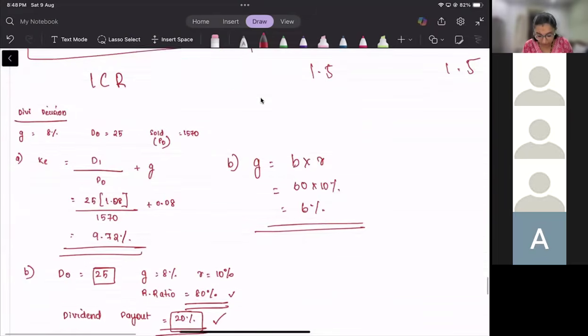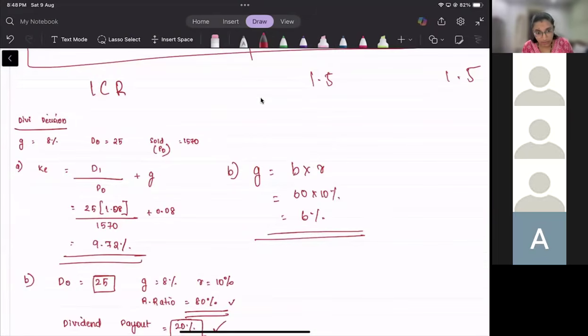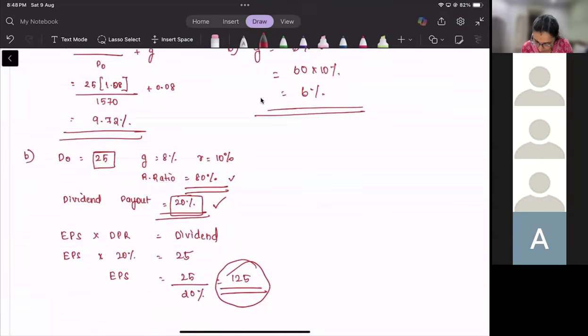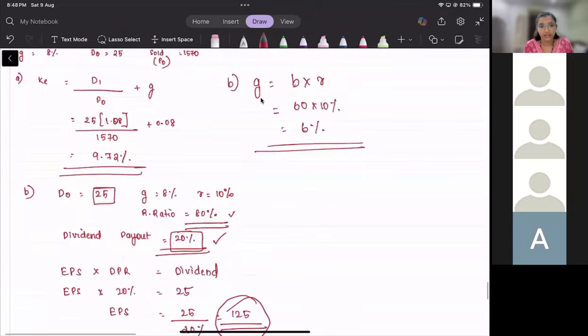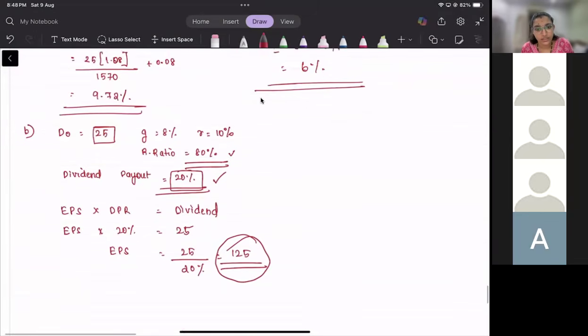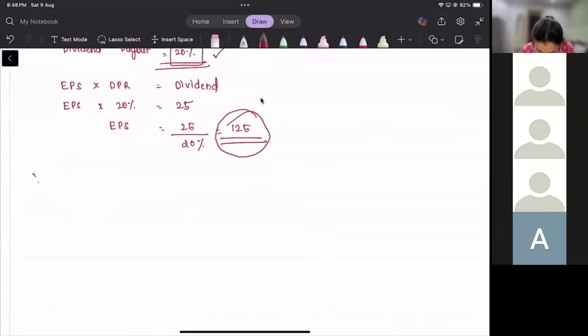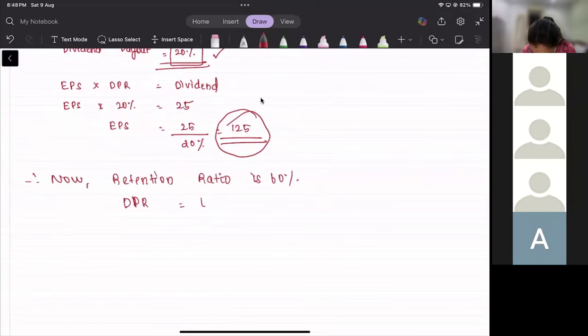Now what has happened? Our rate of return is remaining the same, but our retention ratio is changing, right? Retention ratio is becoming 60%. If my retention ratio is becoming 60%, what will be my dividend payout ratio? Therefore, now retention ratio is 60%, so my dividend payout ratio will be 40%.